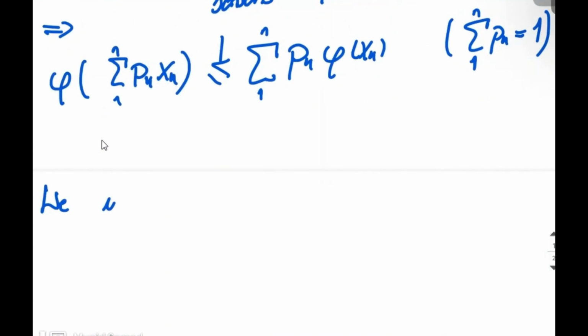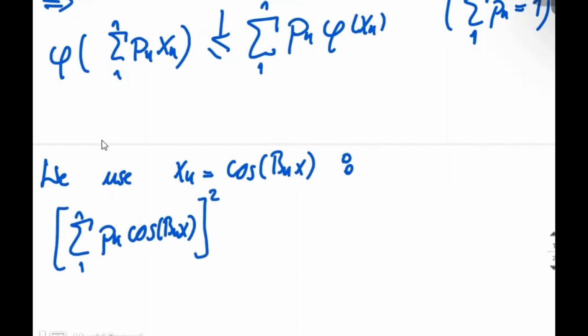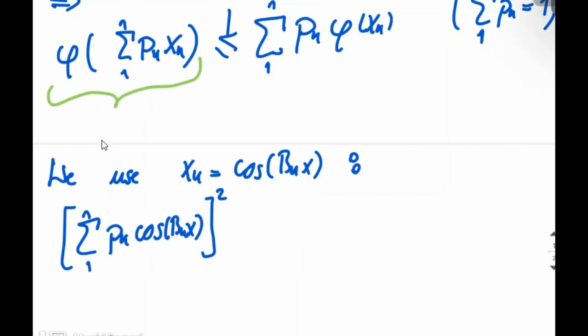We use, for our xk, the cosine of beta k x. So let's see what happens. So the phi we said is just the squaring. So let's take that. This is the summation of pk times cosine of beta k x, squared, because, like we said, the function phi is nothing more than just the squaring.